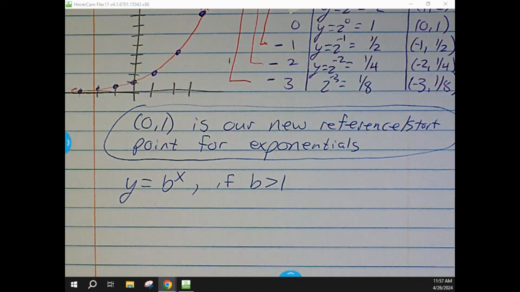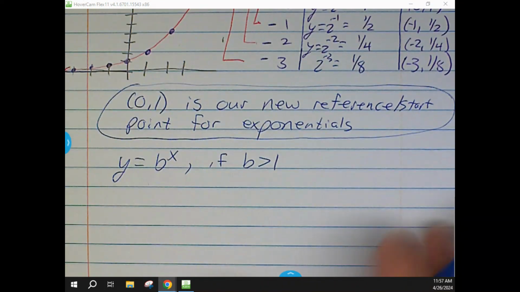So this is kind of the new thing we've got here. If your base is greater than 1, your basic shape will always look like this.